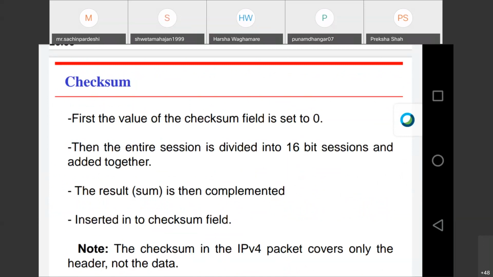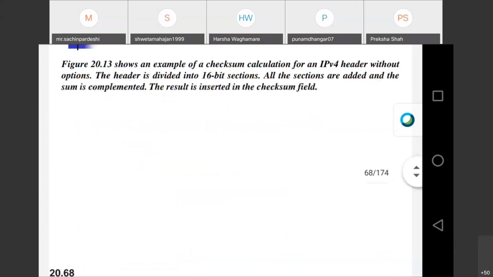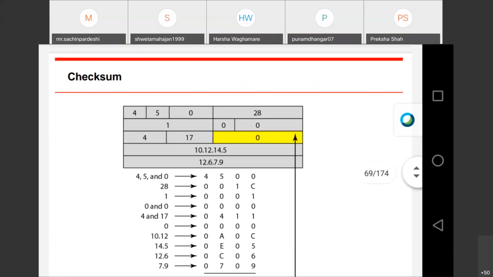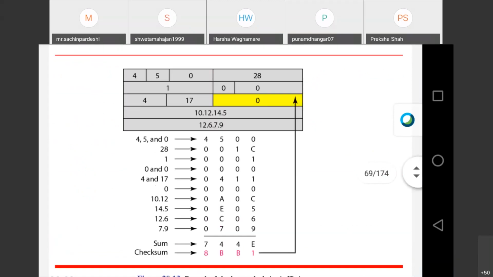Now we have seen how the checksum value is calculated. Initially, the checksum value is 0. All the fields are added. The entire header is divided into 16-bit sections. See the example here: initially the checksum field is zeros, and all the fields are divided into 16-bit sections.